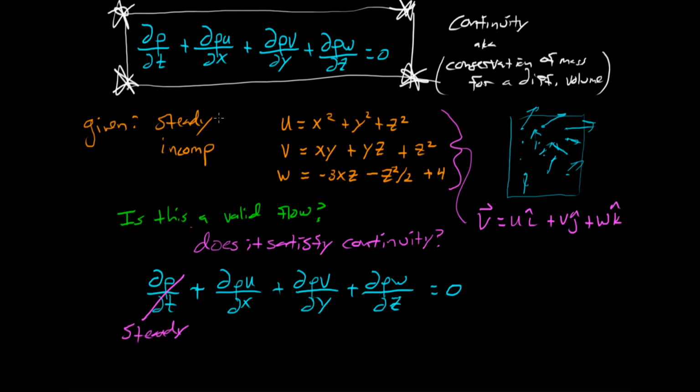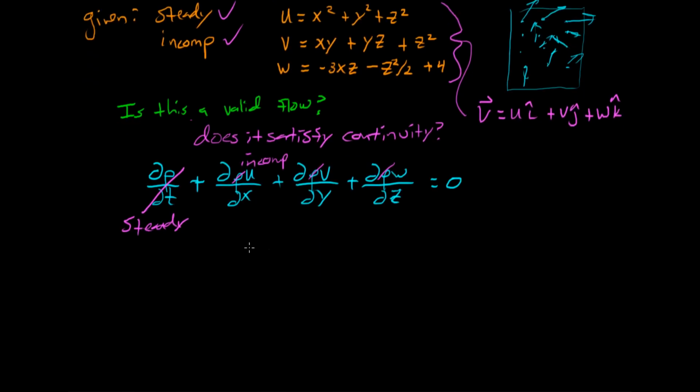Second, it's incompressible, which means all of the densities now cancel out. And so the version of this equation that we need to solve is slightly simpler. We just need du/dx plus dv/dy plus dw/dz to equal 0.